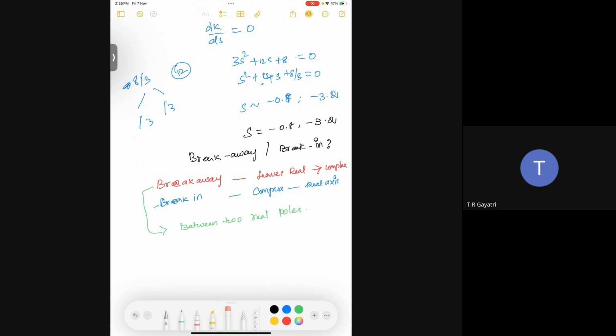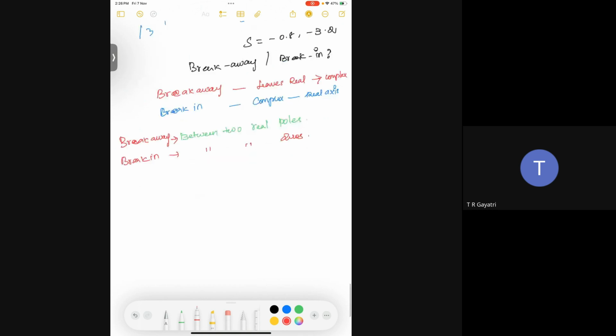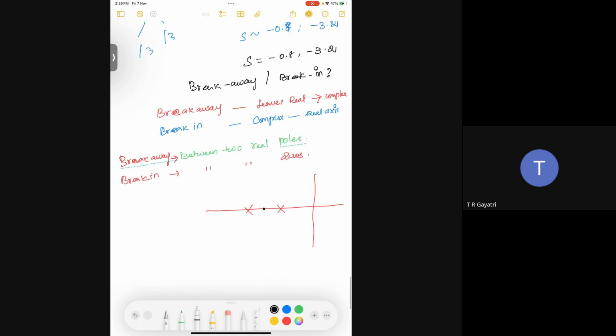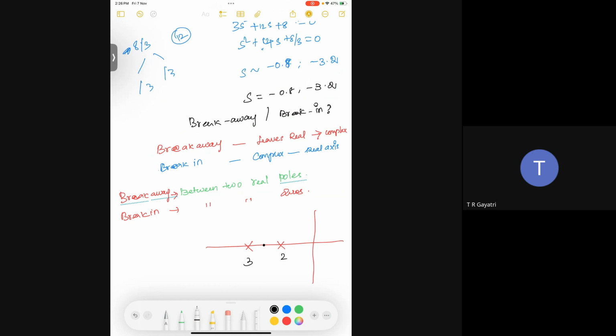Break-in will happen between two real zeros. For example, if I found my breakaway point here, say s is equal to minus 2.5, between minus 2 and minus 3, this is between two real poles, right? So I will call this a breakaway point.